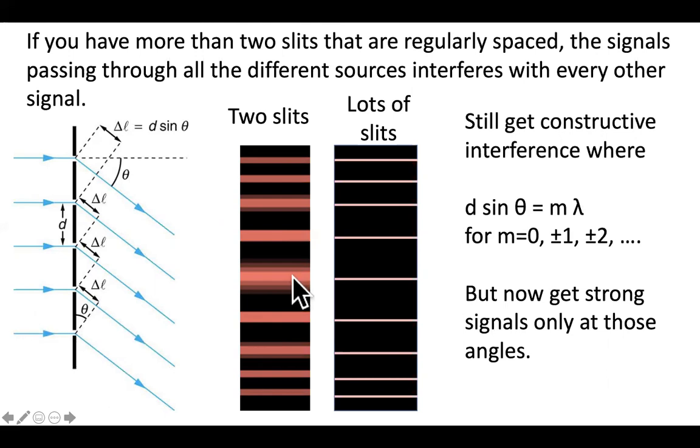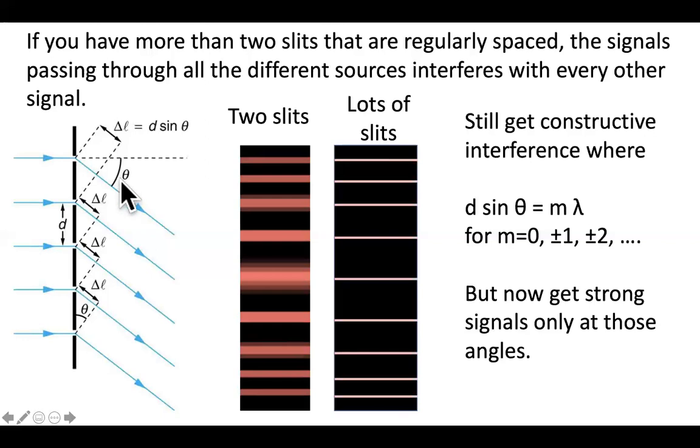But what starts to happen is you get destructive interference almost everywhere else. In two slits, when you're not quite at that condition, it's not too far off. But if you have lots of slits, then the condition where everyone's constructively interfering transitions to a state where at least two of these are very badly destructively interfering. So what happens is you get strong signals only at very narrow, very specific angles.